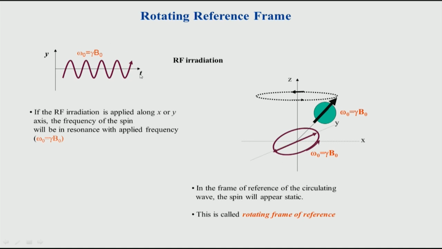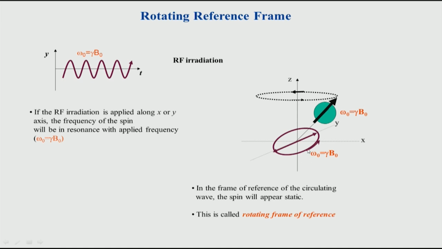Remember, we showed an example where we should look at the equivalence between this wave and this wave. We saw that they are actually equivalent. So, you can imagine that this radiation is actually the same radiation shown here. It is rotating with the angular frequency which is the frequency of the wave, that is omega 0, omega equal to gamma B 0, and at the same time our spin is also precessing around the magnetic field.